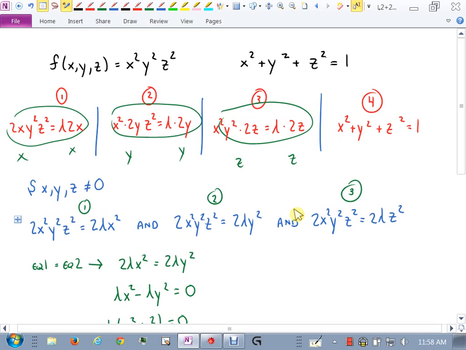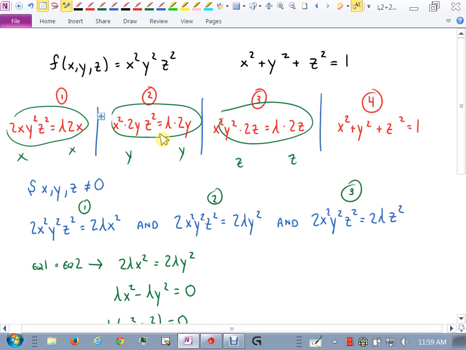Anything good? No? What if y was x in here? What's that? 2x cubed z squared would equal lambda times 2x?